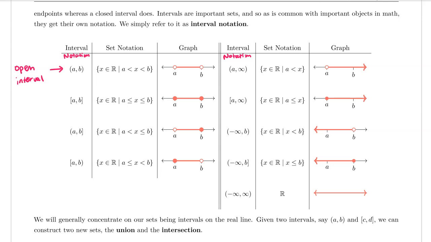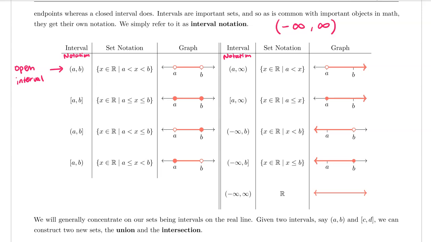Now, something very important to note is that for infinity and negative infinity, you can never put brackets on them, because a set cannot contain infinity, because infinity is not a number. So whenever referring to infinity and negative infinity in interval notation, they must always have parentheses around them.